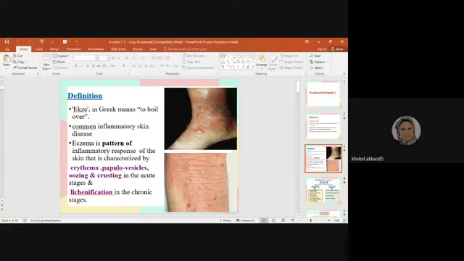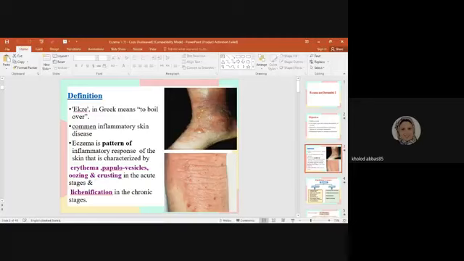I have oozing process. With oozing, I have crustation. Crustation means dryness, or drying the oozing materials, become crustation. This is an acute stage of eczema. In chronic stage, I have thickening, lichenification, okay?